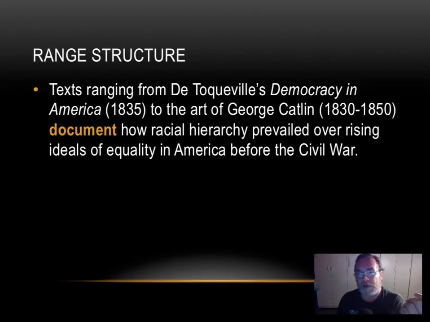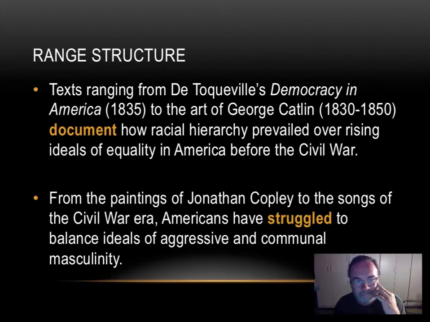Here's an example of the range structure. You can see de Tocqueville's Democracy in America is one text, and the other is a painting by George Catlin. And what the writer is saying is that these texts show that racial hierarchy prevailed over equality in America before the Civil War. So in this case, the thesis is arguing that one value triumphs over another.